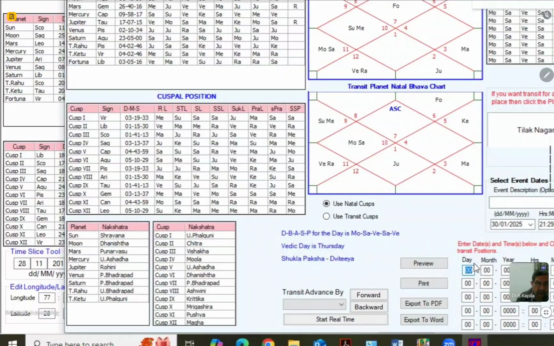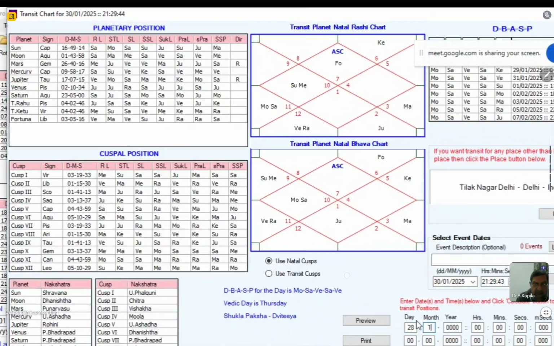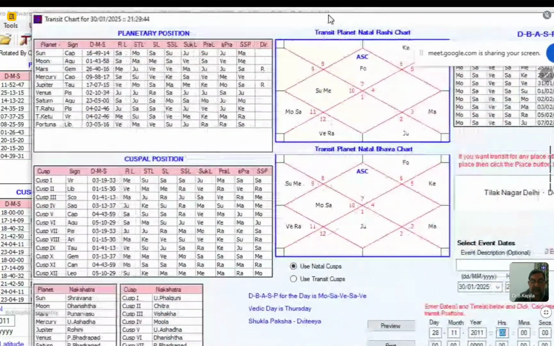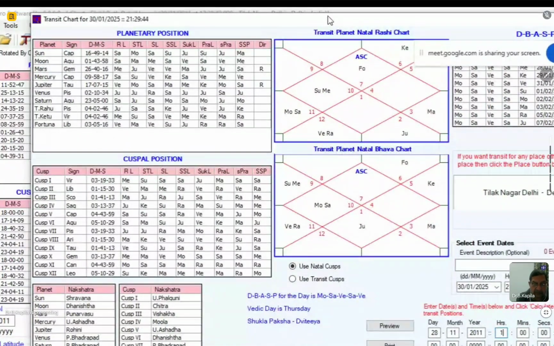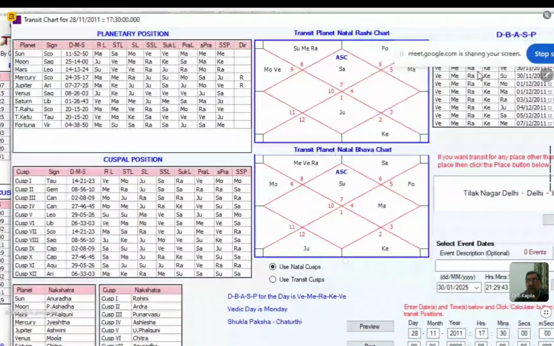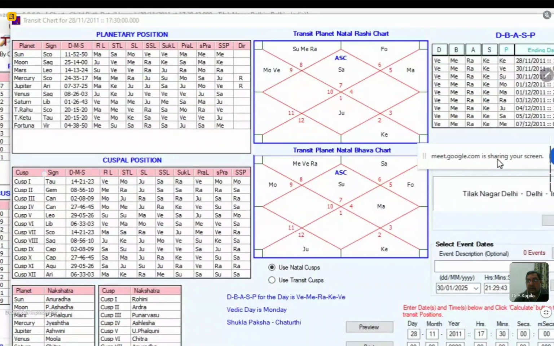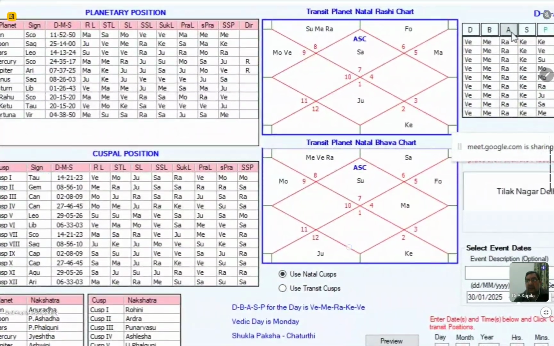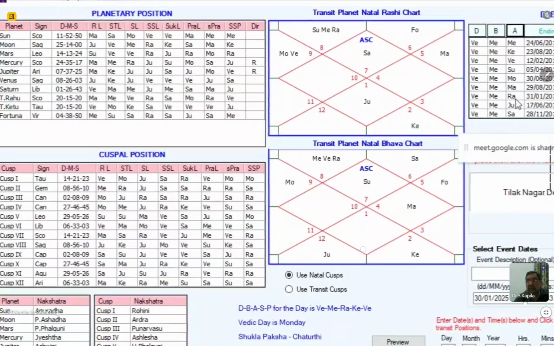Now I put up the date over here, 28/11/2011, and the time is 17:30. So Rahu I cannot take as the antara.